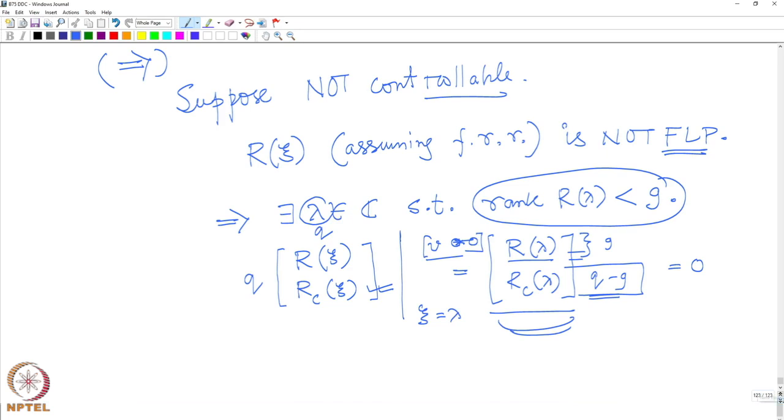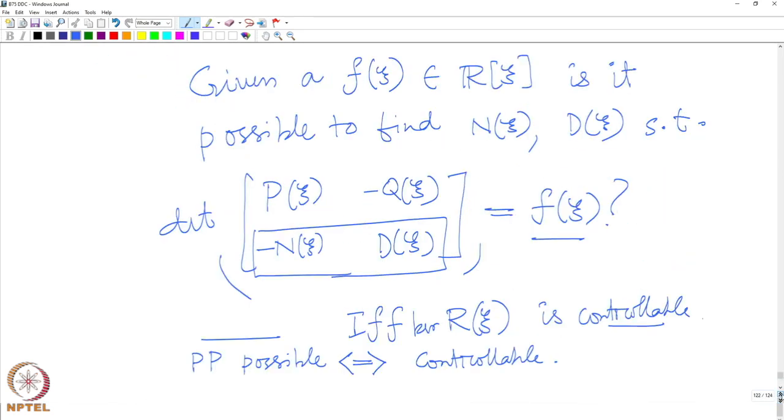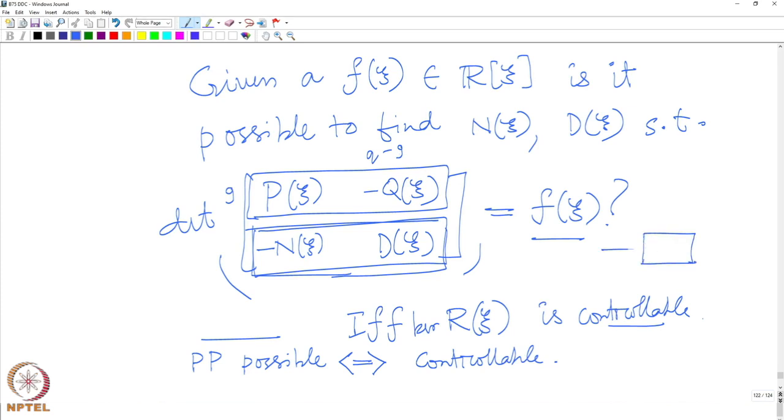One might ask, why restrict your controllers to only these many rows, why do you not have more? That comes from the restriction of input and output. What is the input cardinality and output cardinality of the plant? Because I have assumed full row rank, the number of outputs is g, so the number of inputs is q minus g. From your standard control theory point of view, if this is u and this is y, the number of y's is g and the number of u's is q minus g.